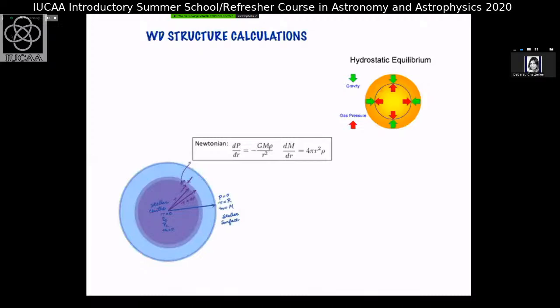So taking such a polytropic equation of state, we now want to integrate in such a way that we obtain the structure of a white dwarf. So the structure means the mass and the radius. So for that, we assume hydrostatic equilibrium like we did before. So we assume that gravity balances the degeneracy pressure coming from these degenerate electrons.